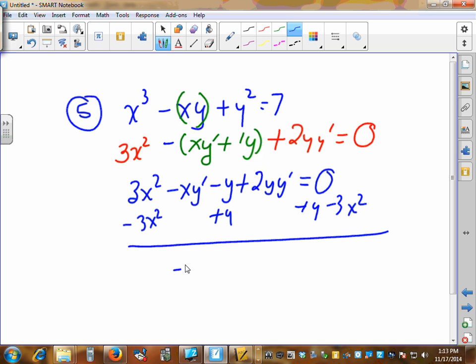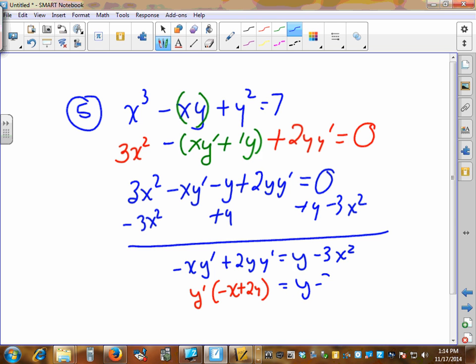So it's going to give us negative x y prime plus 2y y prime equal to all that good stuff. We have y prime in common here, and divide by all that.